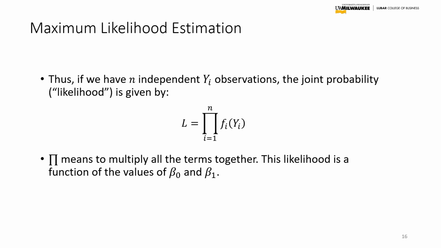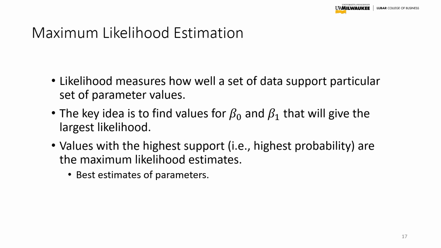Thus, if we have n independent y observations, which can be either 0 or 1, the joint probability, which is referred to as likelihood, is given by the product of the n probabilities. Here I'm writing that with this expression, with the big pi sign meaning product of those probabilities, being the probability of being a 0 or being a 1, and in the end, when you multiply them all together, you get this joint probability, which I'm calling likelihood, or L for short.